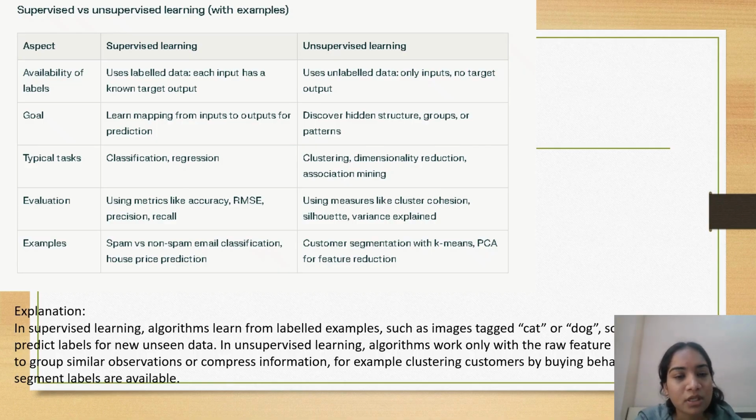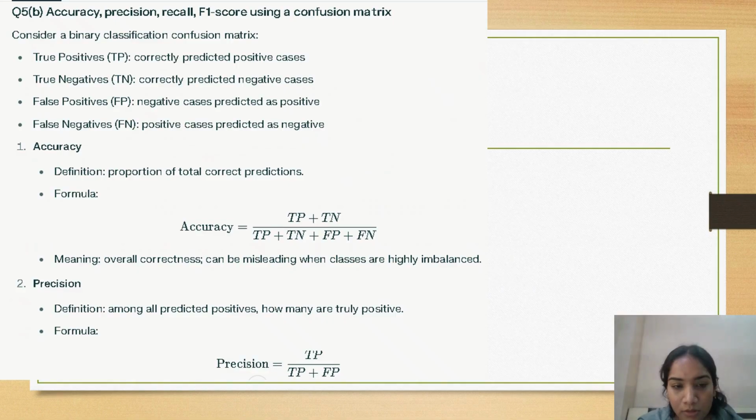Unsupervised examples are customer segmentation, which comes under clustering, and PCA. Supervised learning outputs labels or numerical values, and unsupervised learning forms clusters or reduced features. Supervised learning is like learning with a teacher, but unsupervised learning is like discovering patterns on your own.